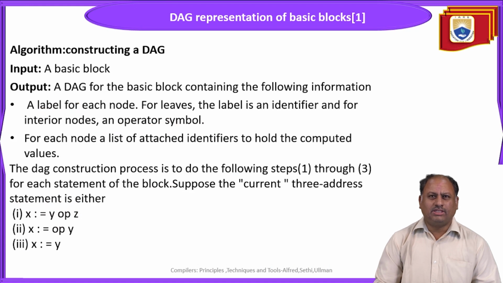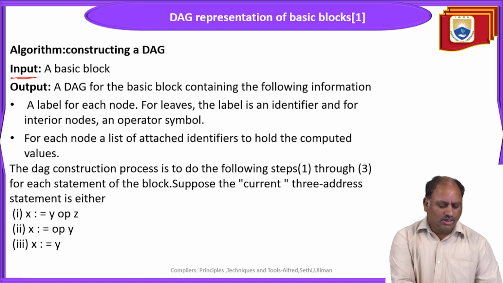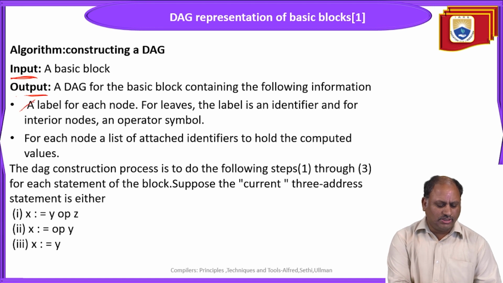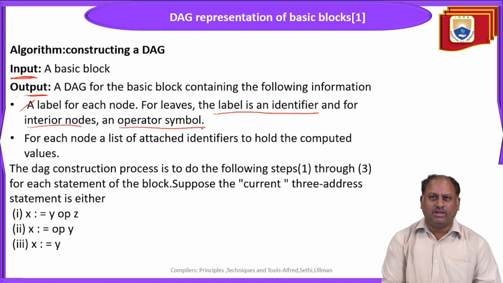There is an algorithm developed for construction of this DAG representation. Here we give a basic block as the input, and the output generated contains the following information. We label each node: for leaves, the label is called an identifier, and interior nodes are represented with an operator symbol.